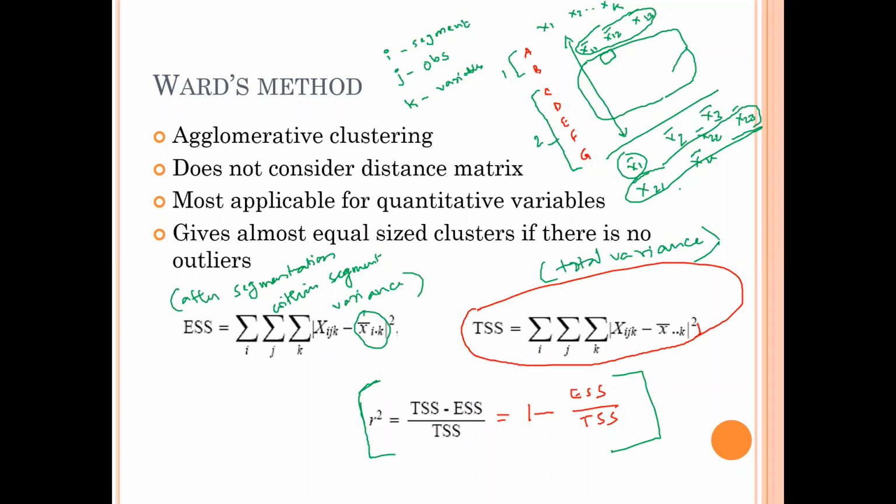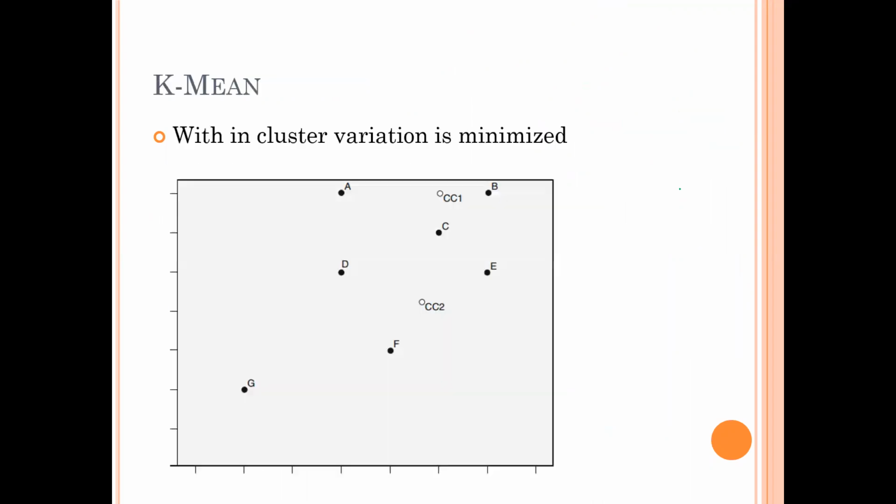So, what is the k-means method of clustering? In this method, I put them, let's say A, B, C, D, E, and G, the same observations, in a two-dimensional plane. I had two variables, x1 and x2. That's why I have put them in a two-dimensional space. If I have multiple variables, let's say x1 to xk, it would be difficult to think, but I would put them in a k-dimensional space.